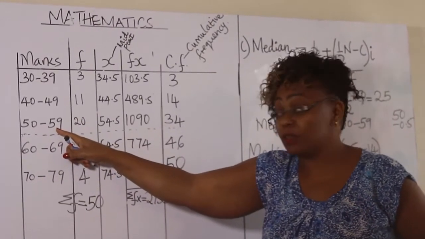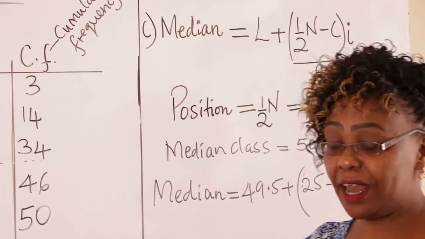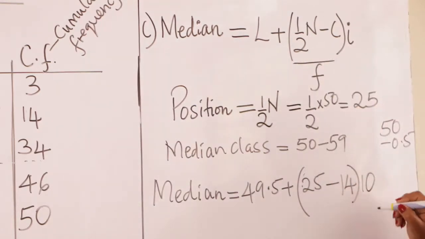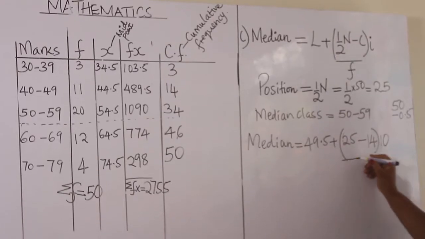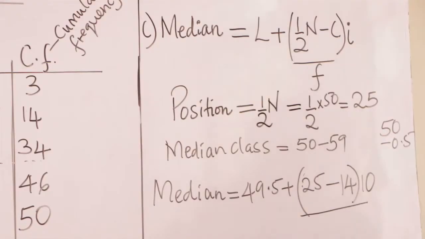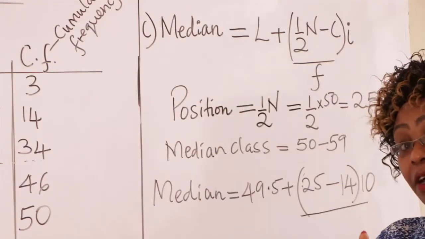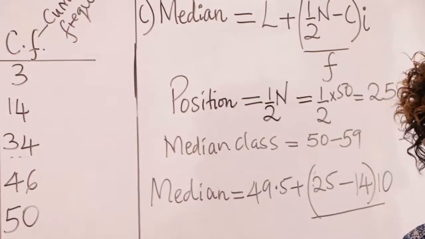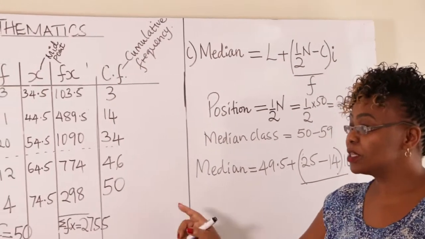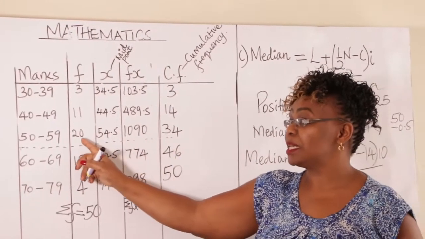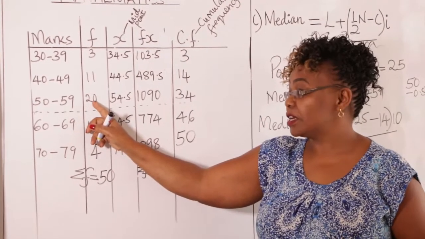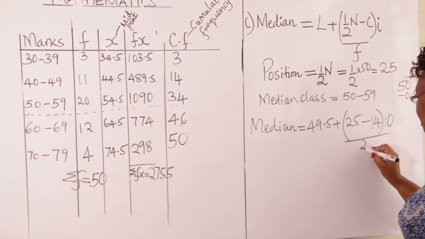How many values are those? Those are 10. You divide by F, the frequency of the median class, which is 20.